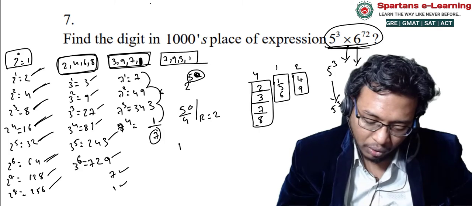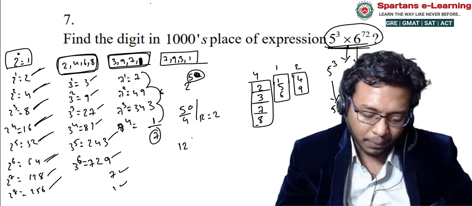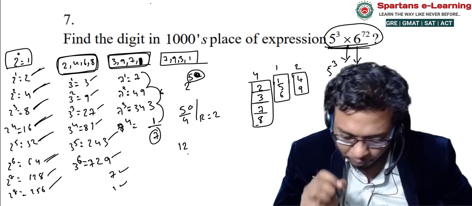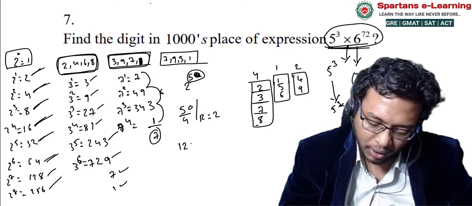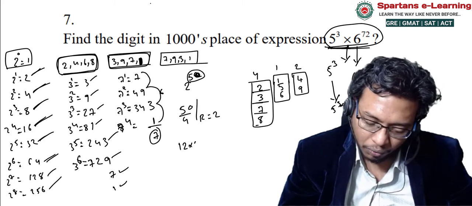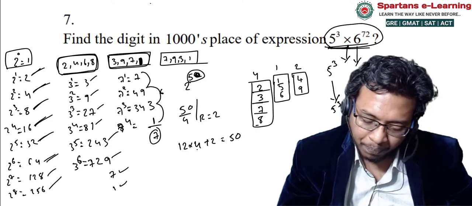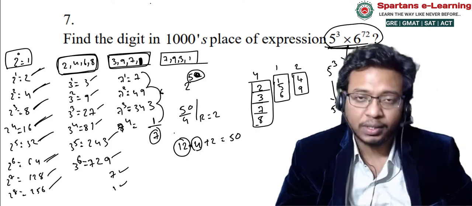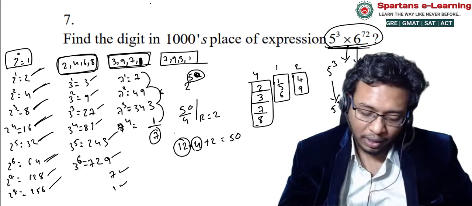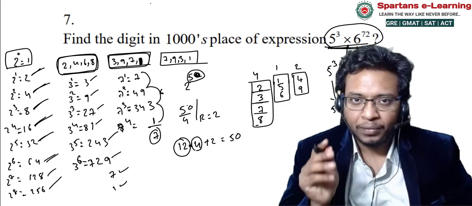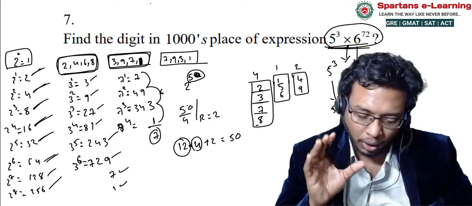That means 4 1s are 4, 4 2s are 8, this 48. So this quotient 12 into 4 plus 2 is equal to 50, right? That means there are 12 cycles of 4 terms, so 50 can be written as 12 into 4 plus 2.